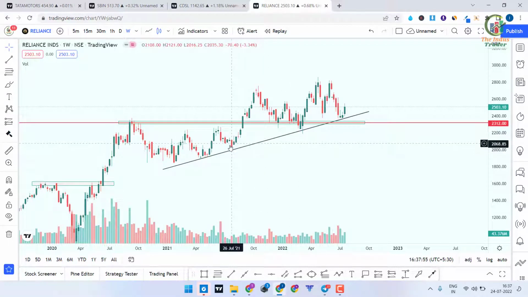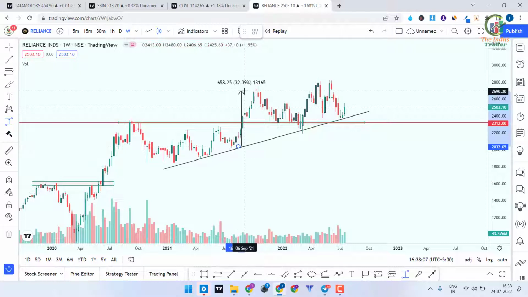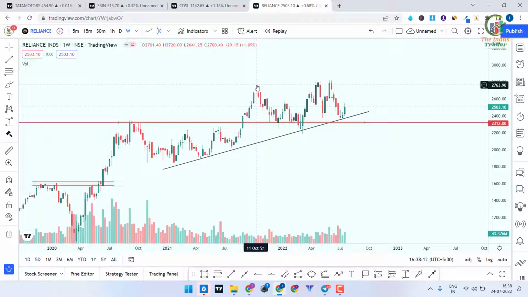Let's say someone invested here at 2019 rupees, and if it gets back to 2727, let's see how much points it has carried, almost like 600 points. After 600 points he usually books his profit, we usually get profit booking. So after that again it comes back to some level, and from there again we get the impulse move.